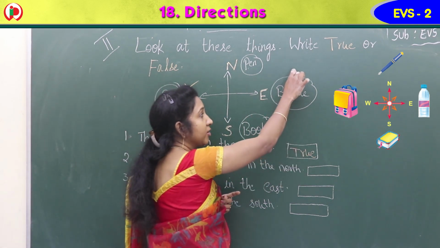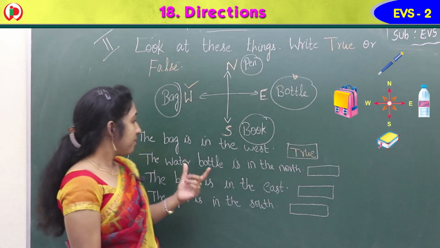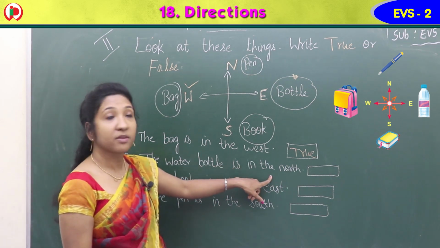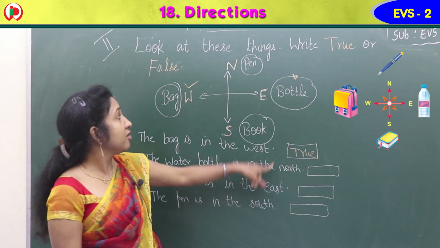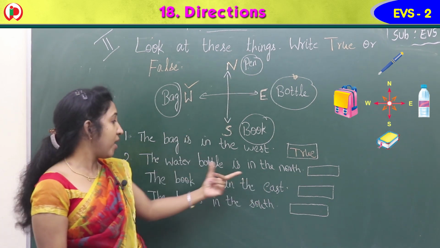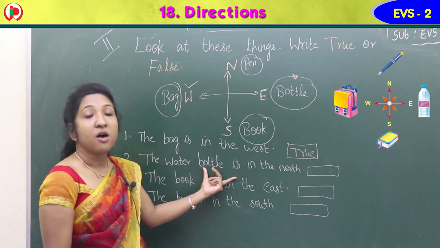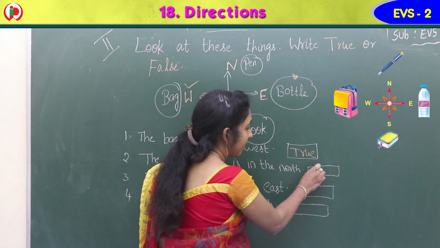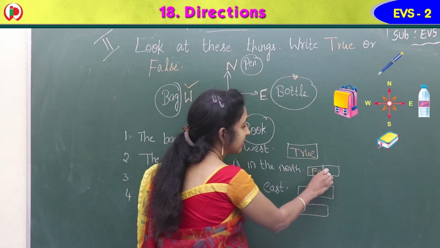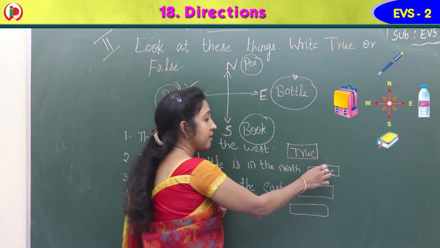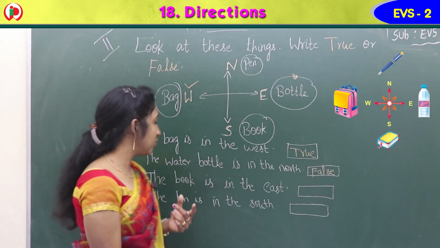But they have asked, water bottle is in the north. North is pen, not water bottle. So the given statement is wrong. Water bottle is in the north is wrong. So you have to write false. F-A-L-S-E, false.